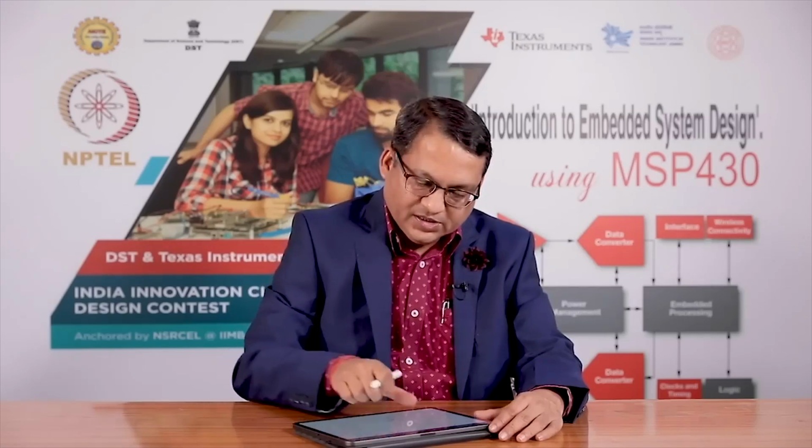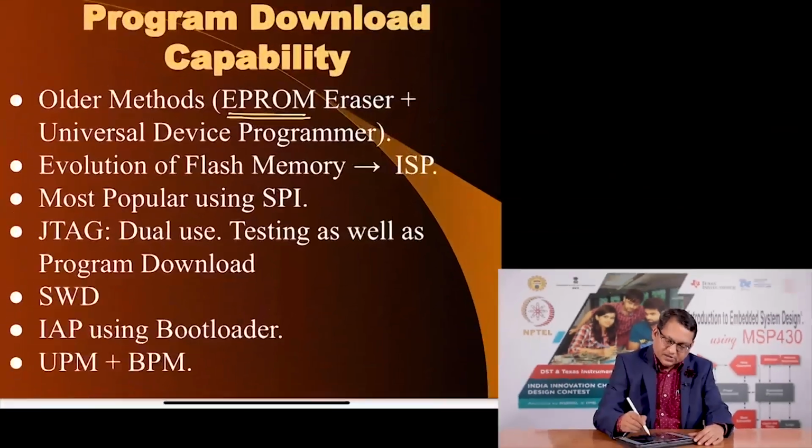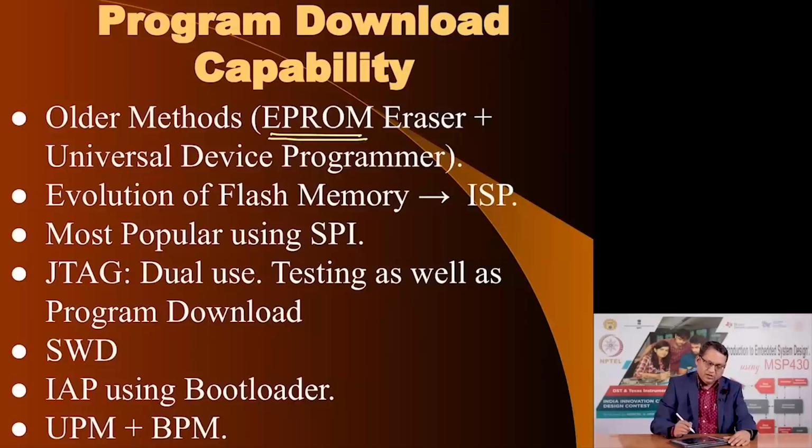In the mid 90s, there was the introduction of a special type of E2PROM memory which was called flash, and the flash memory started getting integrated into microcontrollers for the program memory, and that allowed a user to program these memories without having to take it out of the system.